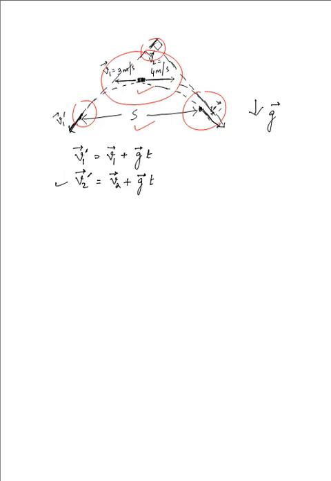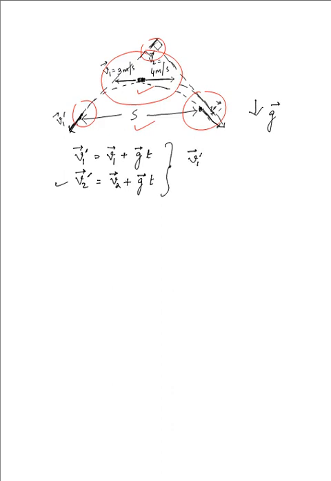Now the condition that we have at hand is that these two velocities, the final velocities after the time t, are perpendicular to one another. It is as simple as it sounds.